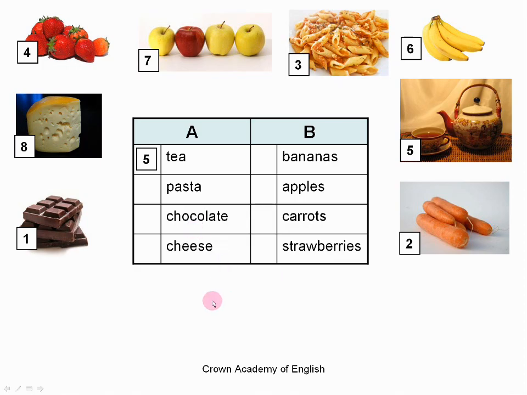Alright, so let us look at the answers together. So pasta is here. Number 3. Chocolate. Where is chocolate? Well, here it is. Number 1. Cheese is number 8.